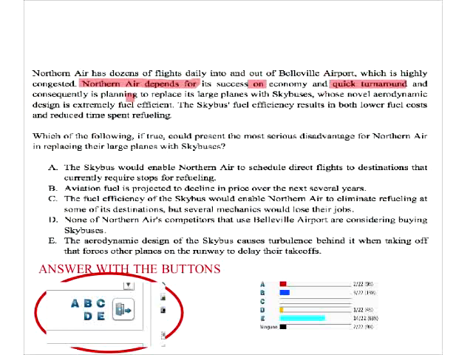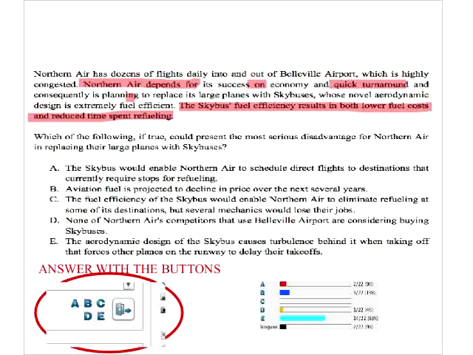The fuel efficiency results in lower fuel costs and reduced time spent refueling. This is a fact. We can't question the fact that it's reduced refueling time. These are facts, so anything about fuel costs or refueling isn't really relevant. You can't touch these.